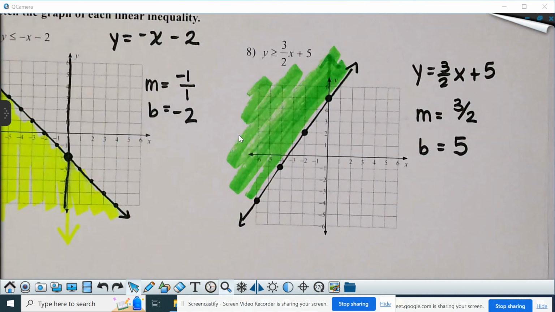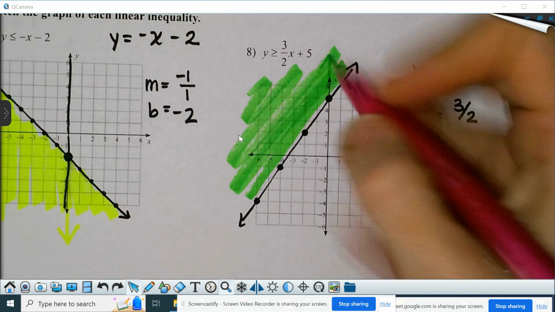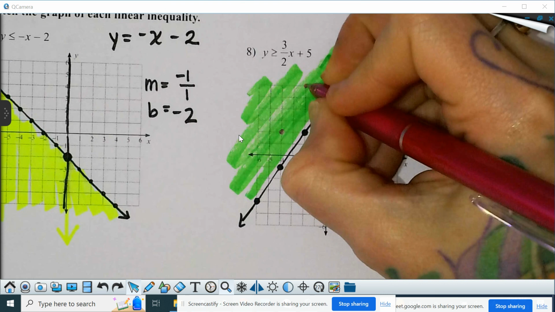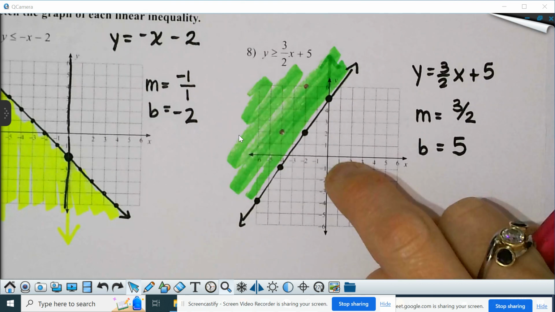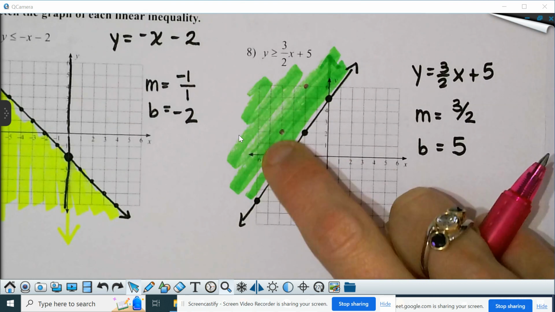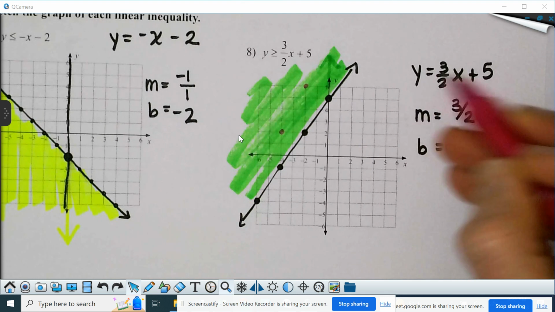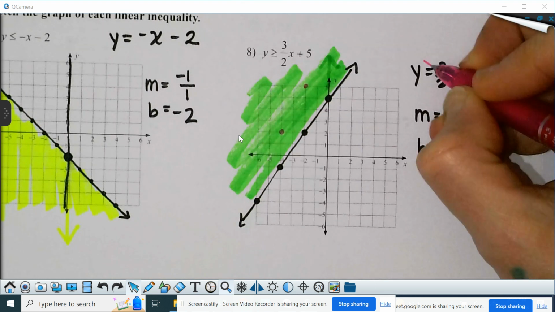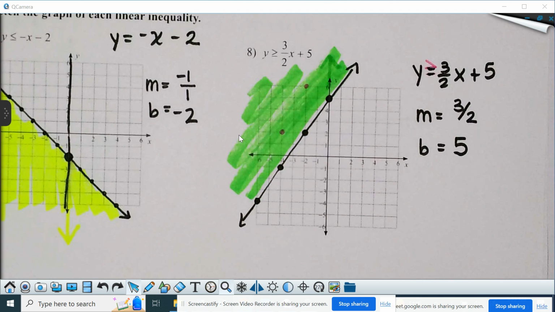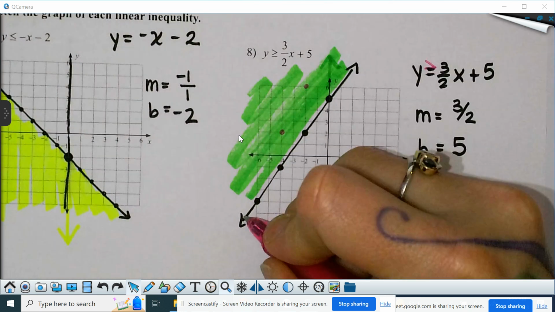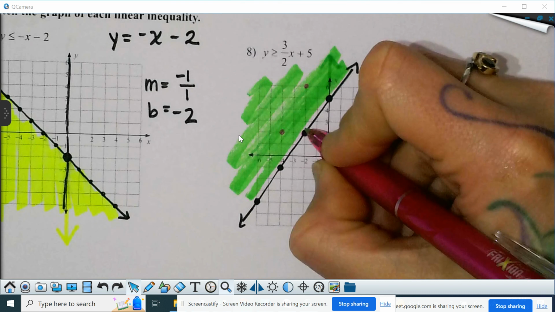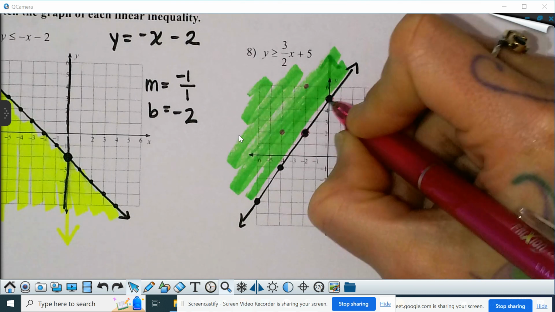Now what that is saying is that any point within this shaded region, so if x was negative 2 and y was 6, if x was negative 4 and y was 2, would make this inequality true, because this is a greater than or equal to. Now, because it is a solid line, all of these coordinates that are falling on the line are also true.